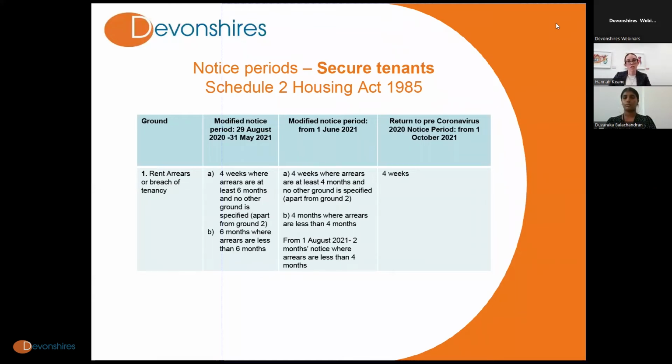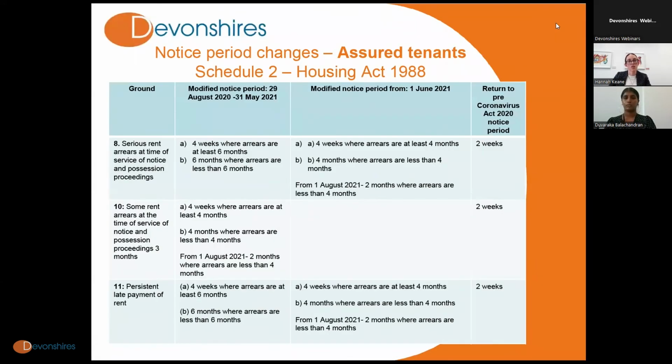So for secure tenancies, it is 4 weeks on a ground one notice. And then for assured, again, just that last column, but I've included the third column simply for your information. And it's 2 weeks across ground 8, 10 and 11.